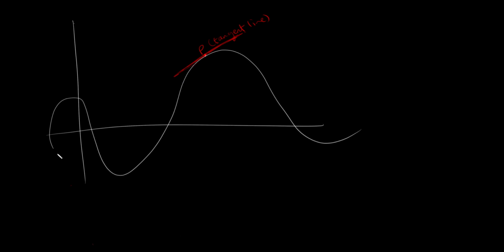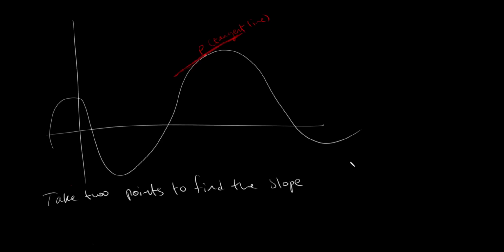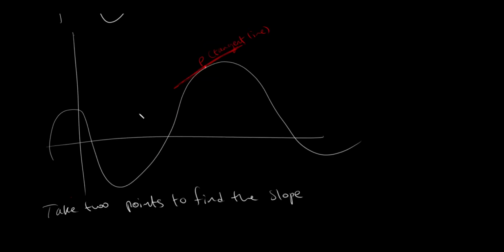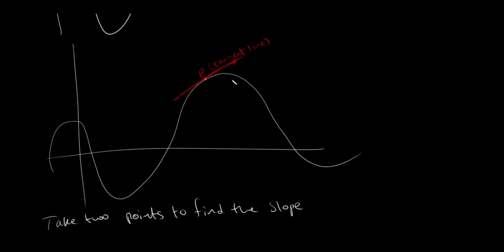This is how we normally do it in high school. But here with the tangent line, however, the tangent line only has 1 point. So how do we find the slope?